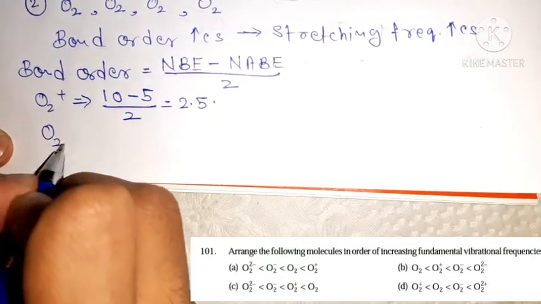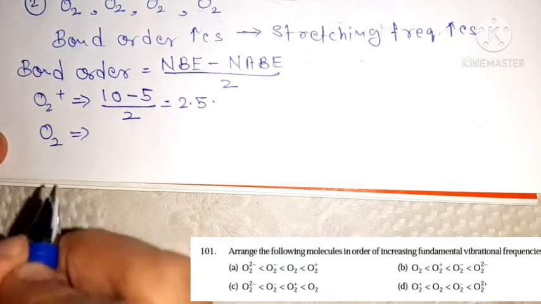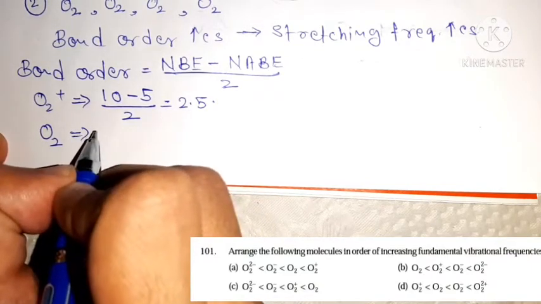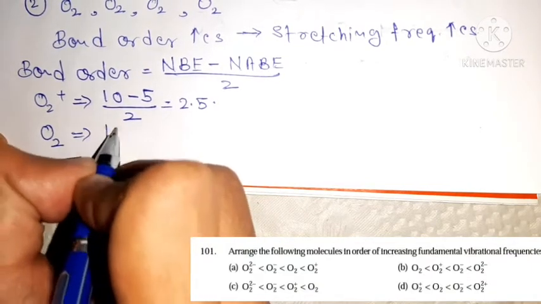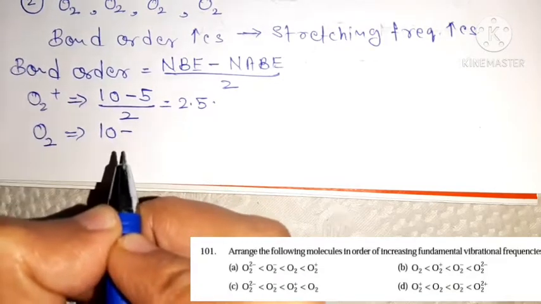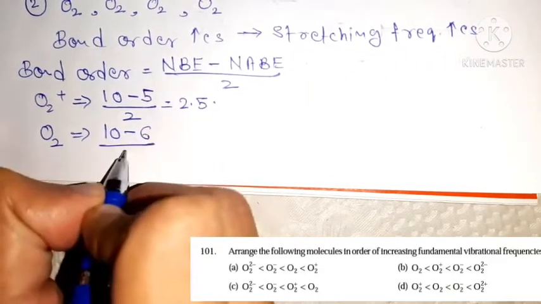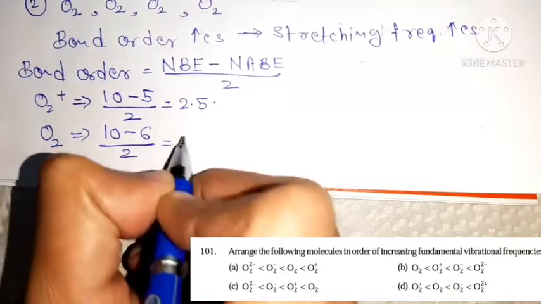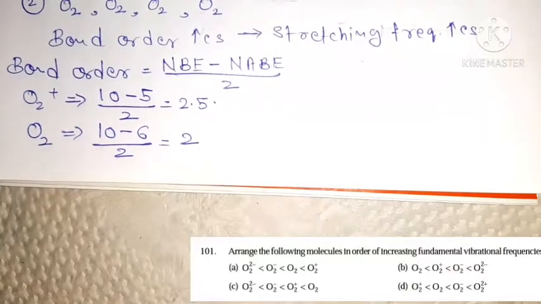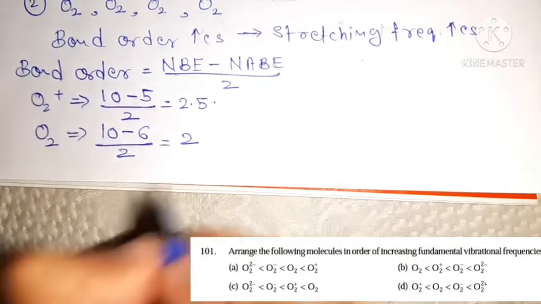Now the bond order of O2. In the O2 molecule, the number of bonding electrons is 10, but the number of anti-bonding electrons changes, that is 6. So (10 minus 6) by 2, that is 4/2, which is 2. So the bond order of the O2 species is 2.